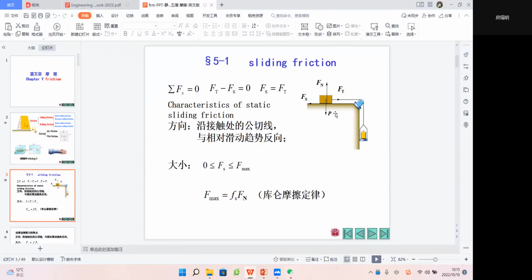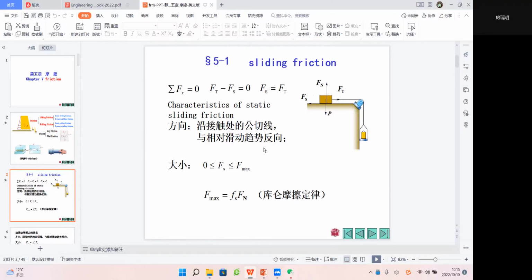From the equilibrium equation, the magnitude of friction Fs will equal Ft, and its direction will be opposite to Ft, because it prevents the box from moving along this direction.